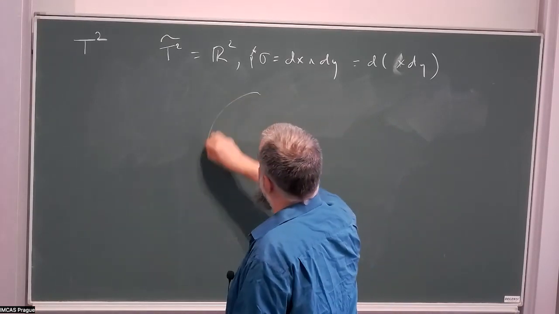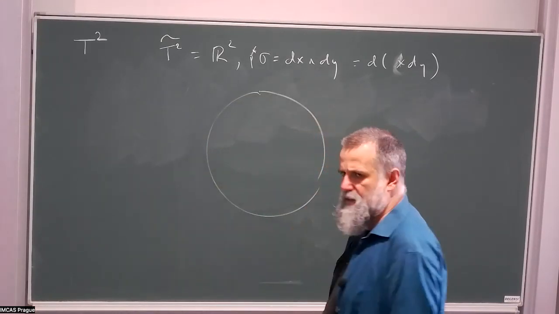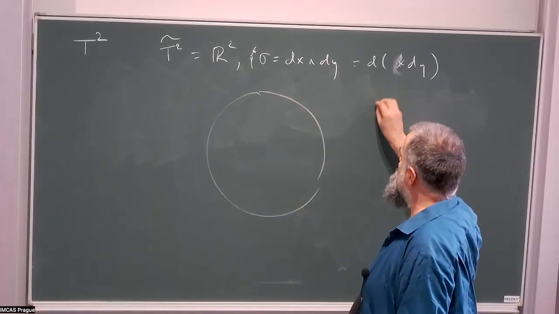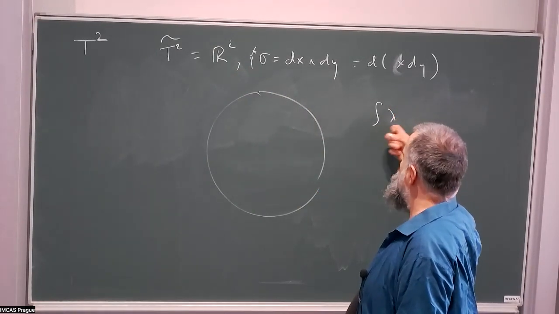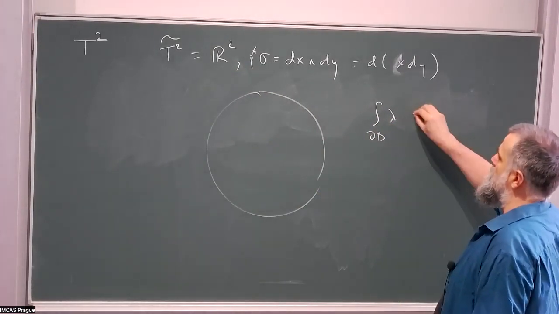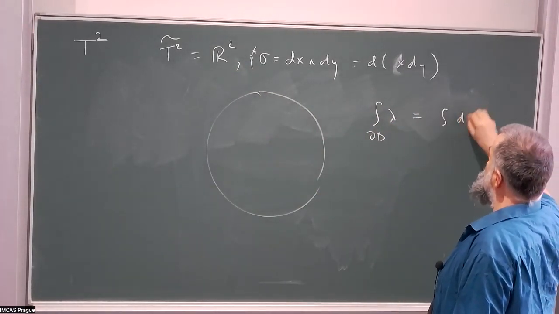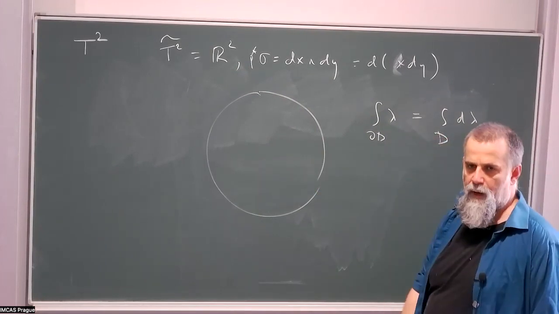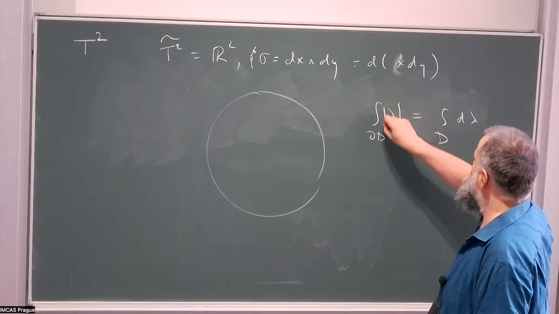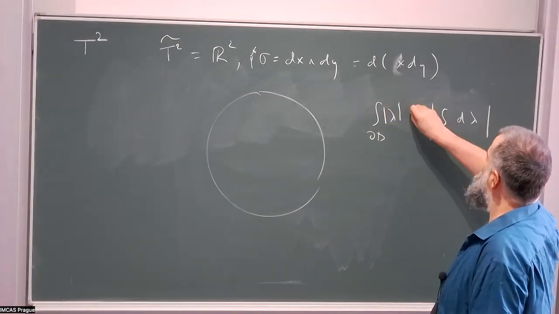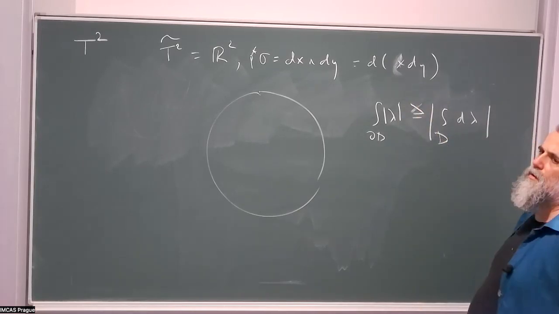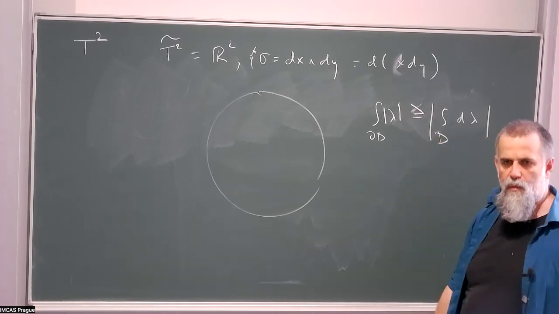in the following way. Assume that I have a big disk in this R2. By Stokes formula, the integral of lambda over the boundary is the same as the integral of d lambda over the whole disk. So if I put absolute value, I'm getting this inequality.